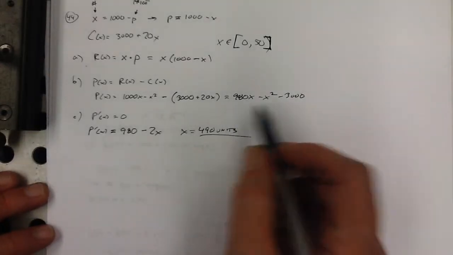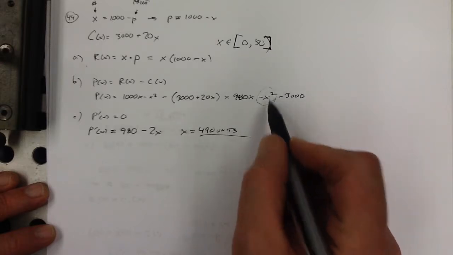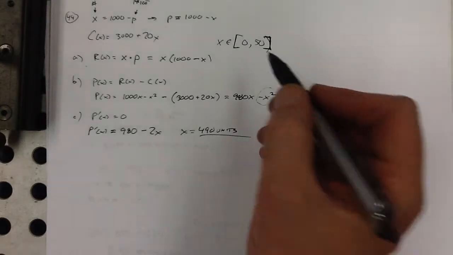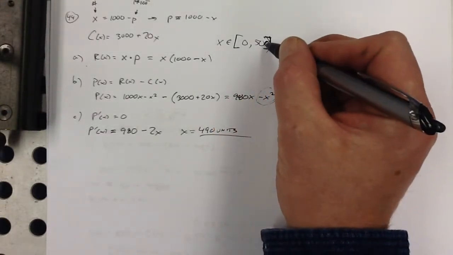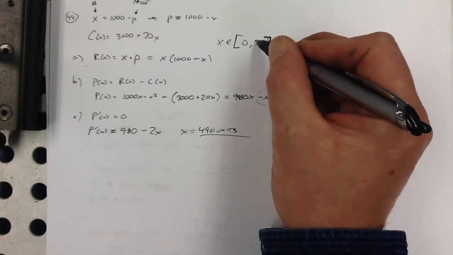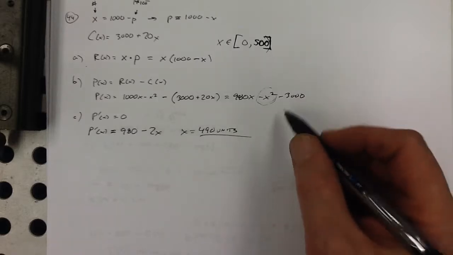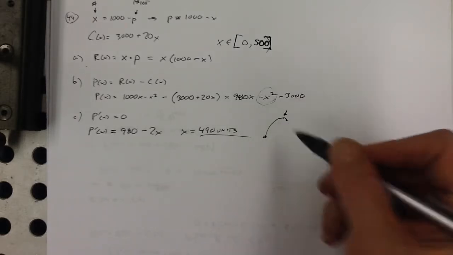Sure it is. If you want you can make a sign chart, but just looking at this, it's a downward opening parabola, right? So it doesn't have any minimums, it just has a maximum. And that also means that, oops, this is to be 0 to 500, isn't it? Not 50, sorry about that. Since it's a downward opening parabola, the endpoints are going to be here, and there's our maximum at 490.